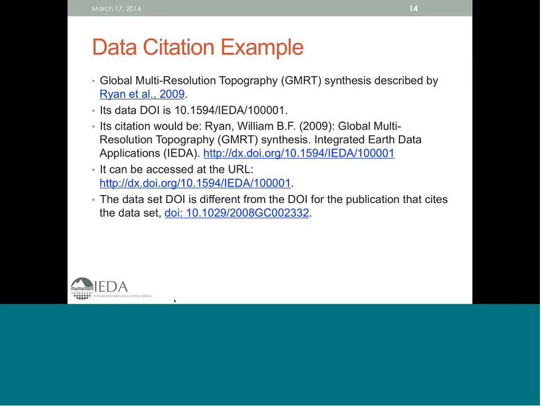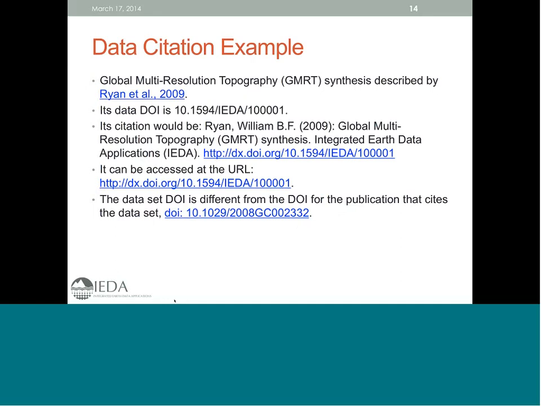So I'm giving you an example here of the Global Multi-Resolution Topography, which is a big synthesis data set of bathymetry and elevation models that was described in a paper published in G-Cubed.